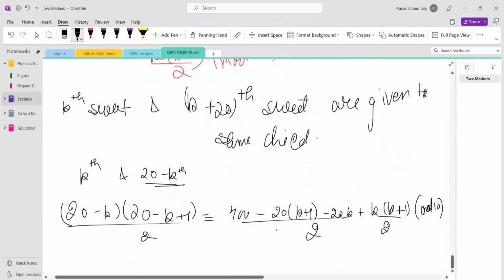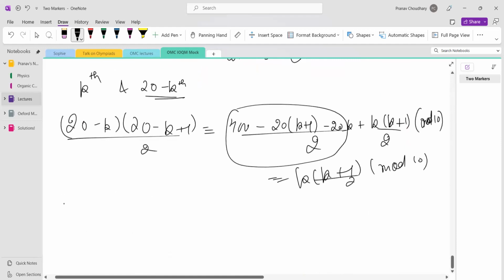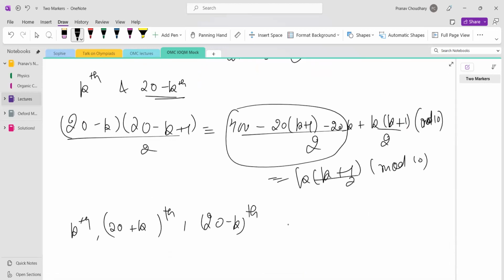Yeah. And this is 0 mod 10, obviously. So this is k times k plus 1 by 2 mod 10. So basically, kth, 20 plus kth, and 20 minus kth, all these suites are given to the same child.